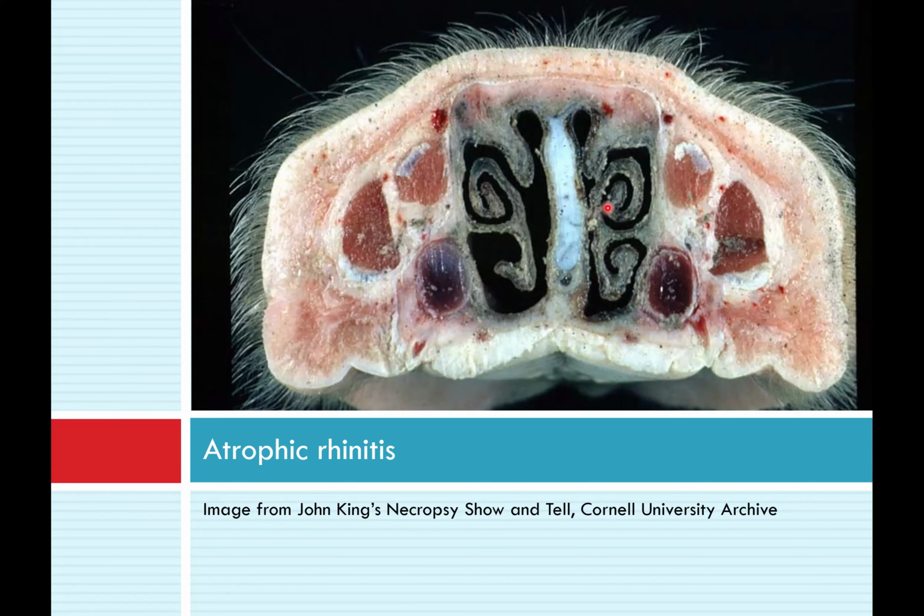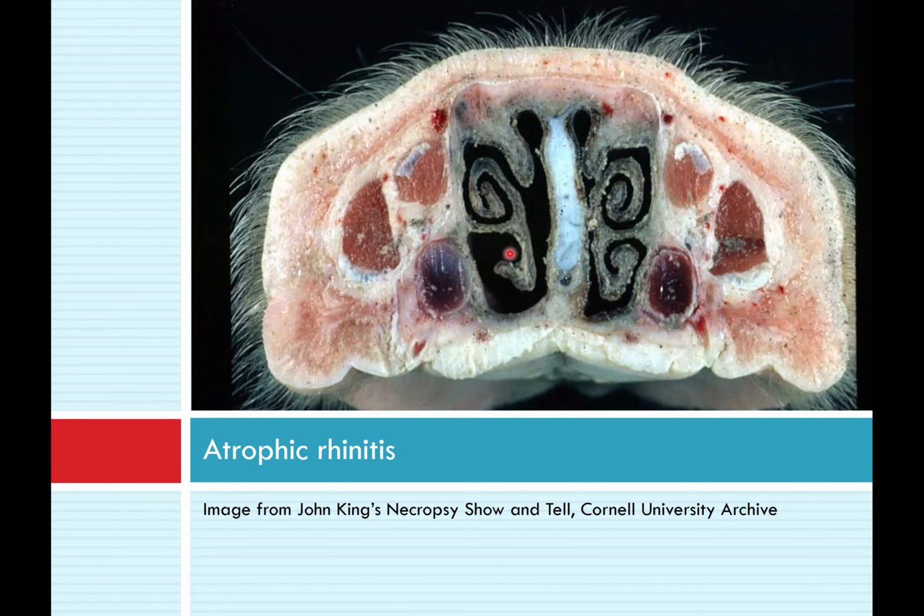So there is the osteolytic toxin that is produced by Pasteurella. And what you'll notice is that this is asymmetrical. So there is damage on both sides, I think, but more pronounced on this side, on the left side.